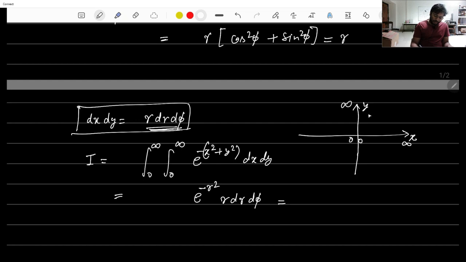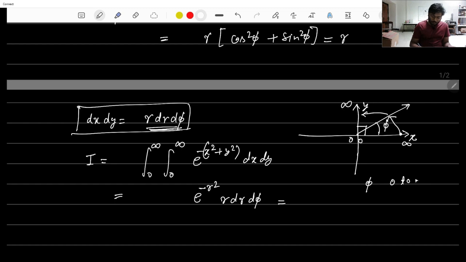So, we are doing the integration in the first quadrant. In plane polar coordinates, for phi, I told you in a previous video that phi is an angle from the x axis. So this is phi, correct. If you increase phi from the x axis this way, this is 90 degrees.